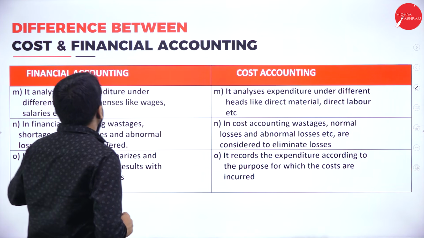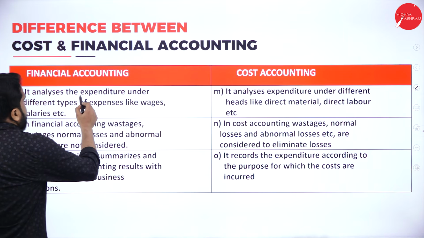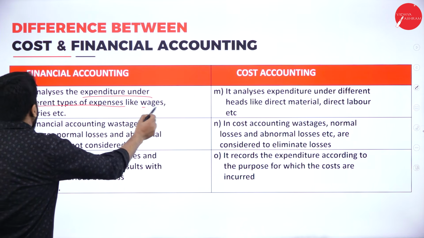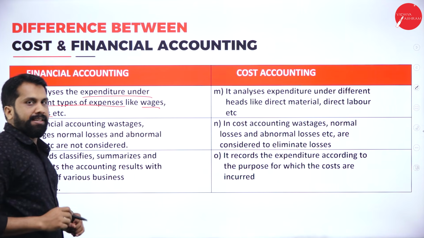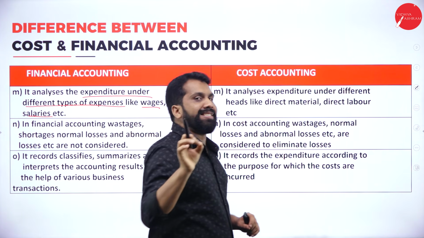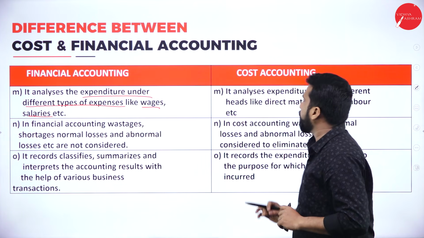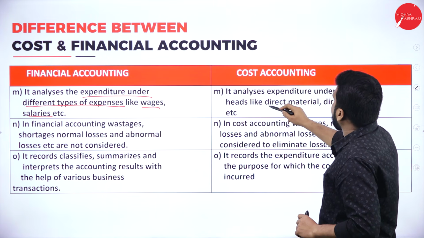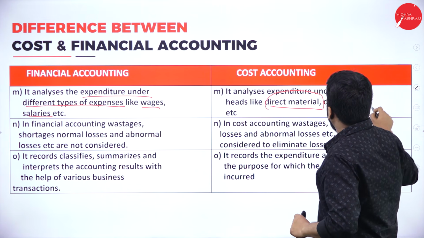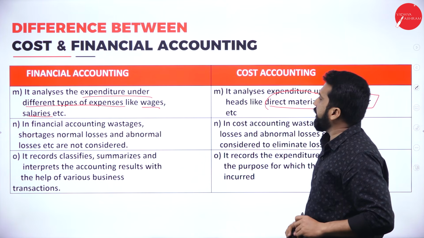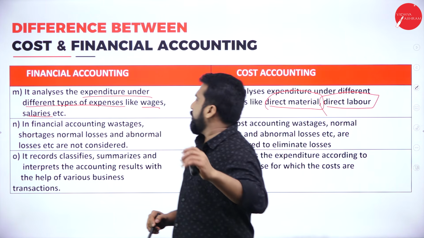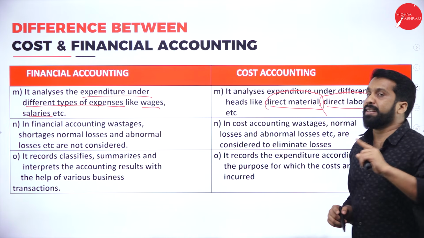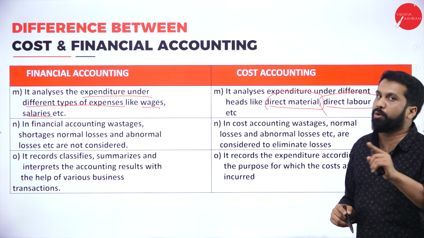Now, financial accounting records expenditure under different types of expenses, wages, salary, etc. But cost accounting analyzes expenditure under different heads like direct material, indirect material, direct labor, etc. Here we get expenses, wages, salary, but there we will get direct material, labor, overhead.